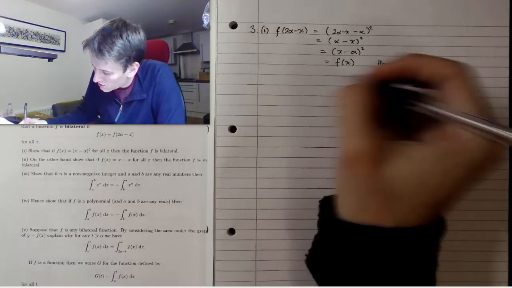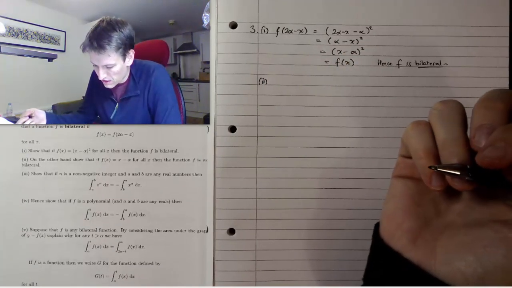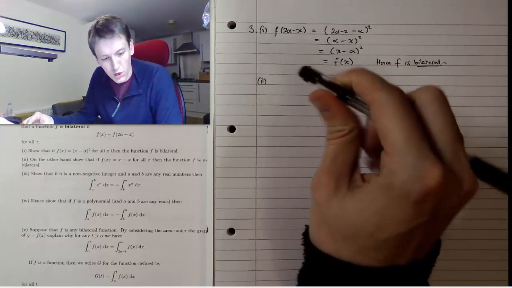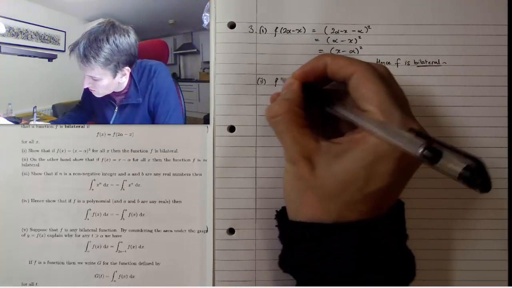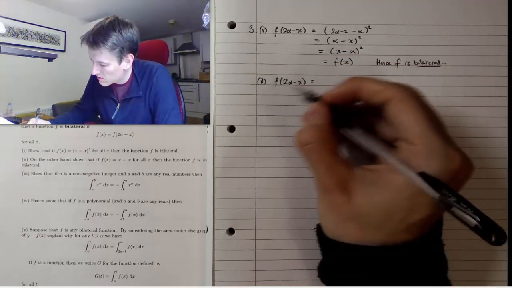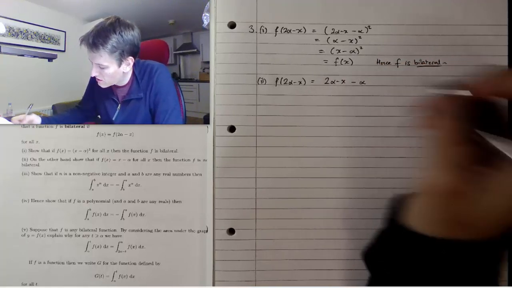Okay, so in part 2 it says, on the other hand, show that if f of x equals x minus alpha for all x, then it's not bilateral. So we do the same thing. We'll look at f of 2 alpha minus x. So take this as our x and subtract alpha.